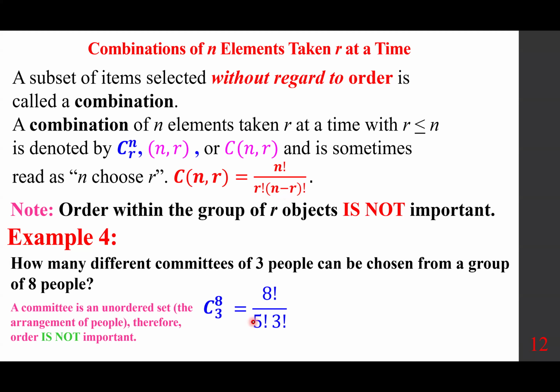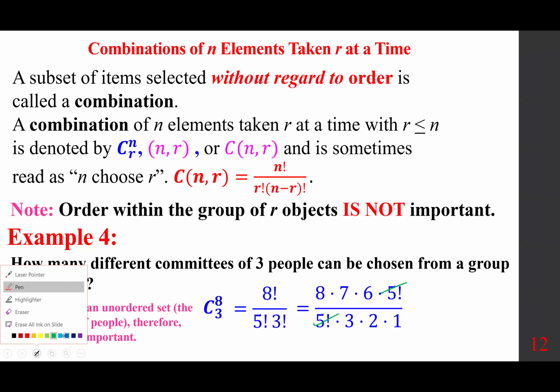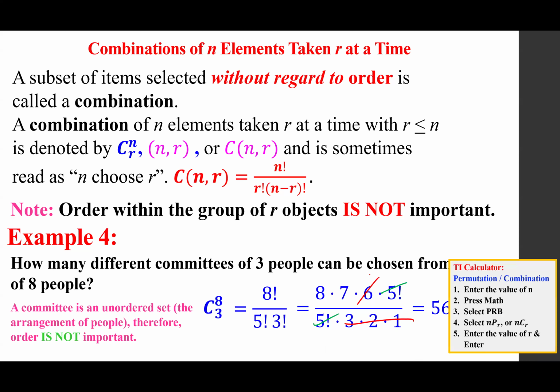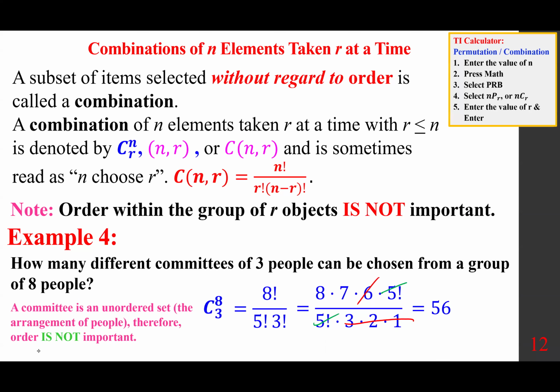So I'm going to keep this, and that means I'm going to go up here and say 8, 7, 6, and 5 factorial, and stop. But the 3 factorial, I'm going to expand it. Notice what happens. I stop at 5 factorial, so I can drop those. And then 3 times 2 is the same as 6. So 8 times 7 is 56.